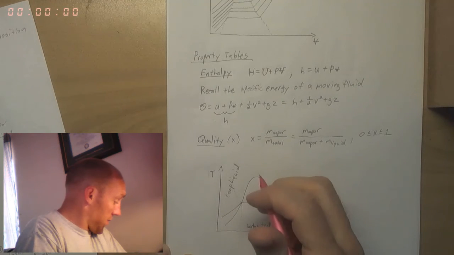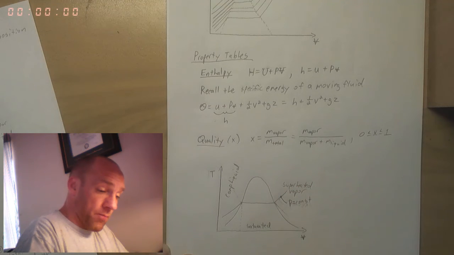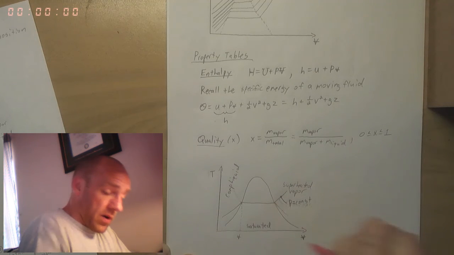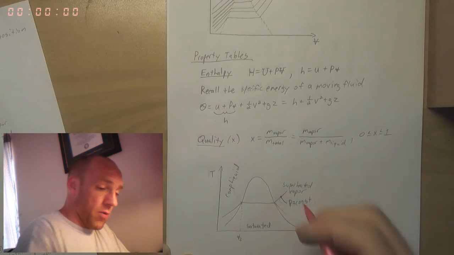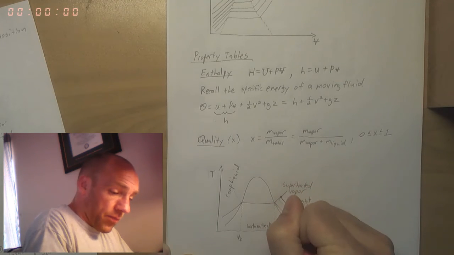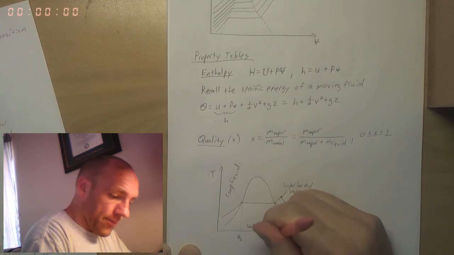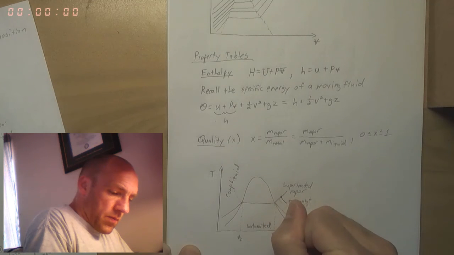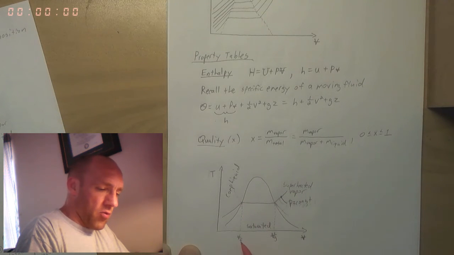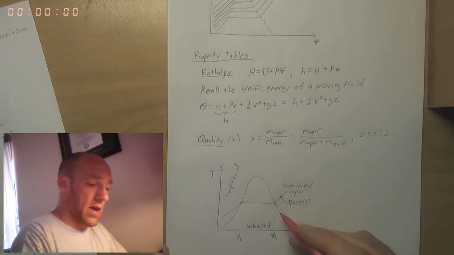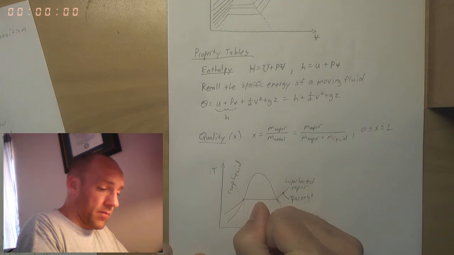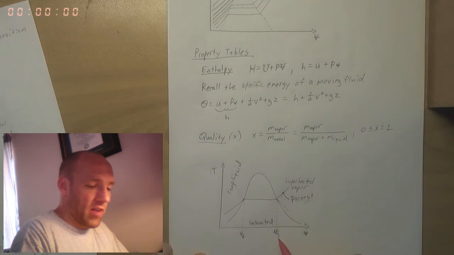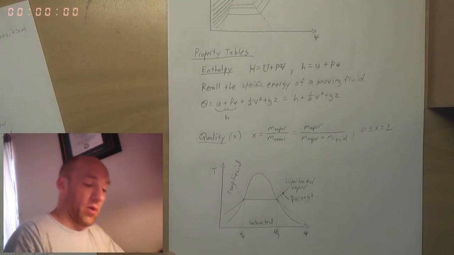This point right here, the saturated liquid, gets a subscript F. The property has a subscript F, okay? And a saturated vapor gets a subscript G. I'm not sure where F and G came from, but I like to remember it that G stands for gas. That's the way I remember it.